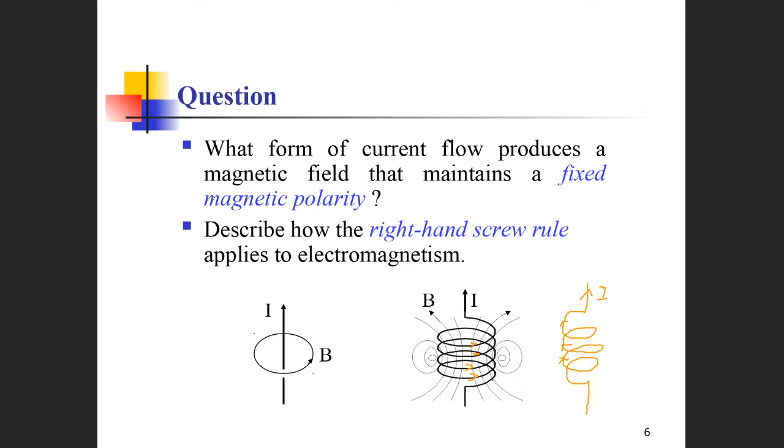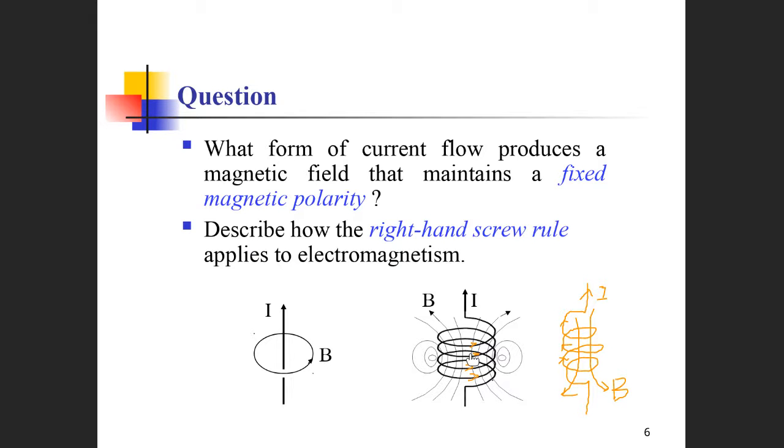So the magnetic field will be, look at here. This is the coil that, in this direction with the current in this direction, produces the magnetic field inside the coil in this direction because of this principle.